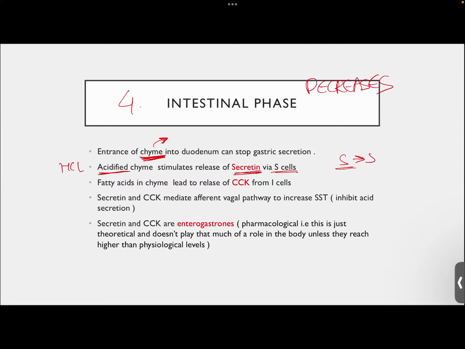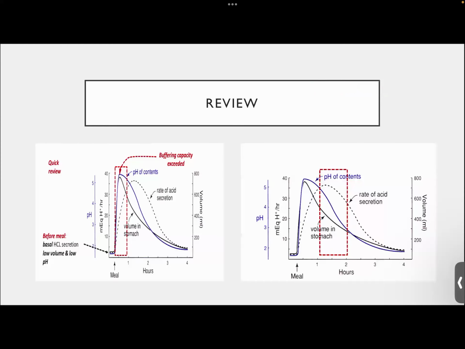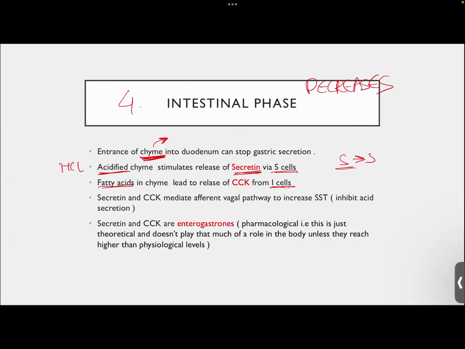Then you have fatty acids in the chyme, right? Because obviously, when you have the lipases that are produced in the stomach, they break down the triglycerides into fatty acids, right? The fatty acids activate the I cells, and this leads to a release of CCK. Look, I'm sorry that there's so many names, but this is not my fault. This is the fault of whoever made medicine, right?